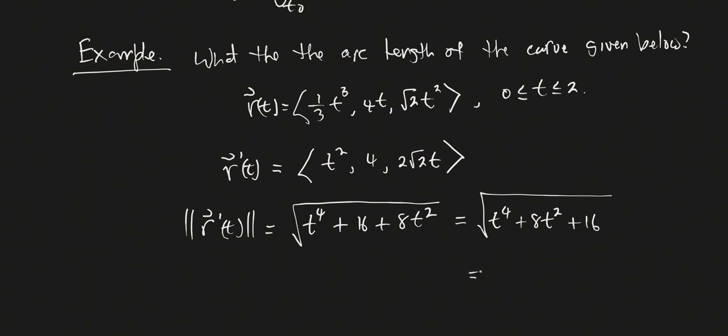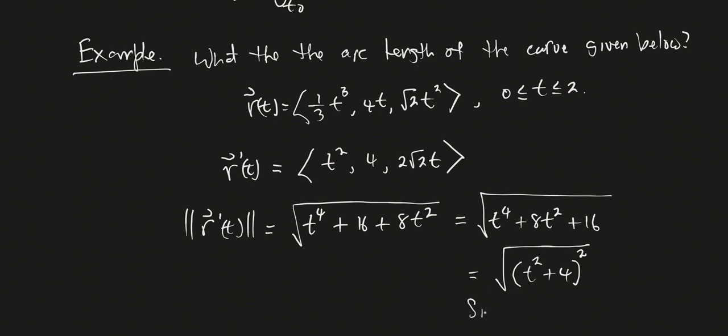Just like in Calc 2, many of those problems were set up so that even though it might look messy at the start, there is a perfect square, because t to the fourth plus 8t squared plus 16 can be written as t squared plus 4, all squared. If I FOIL this out, and I encourage you to try it, collect your like terms, you're going to get back t to the fourth plus 8t squared plus 16.